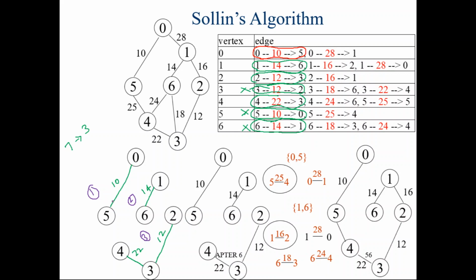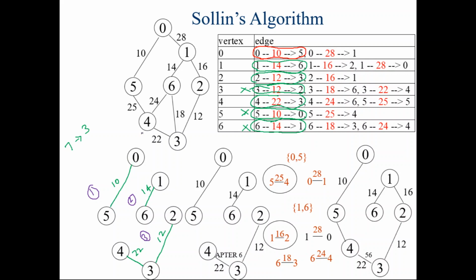So the first component has how many vertices? It has 2 vertices. So we have to see what are the edges going from 0 and from 5, which are not added to the spanning tree yet. Out of that we have to identify the minimum edge. So for this particular component there are only 2 vertices, 0 and 5.